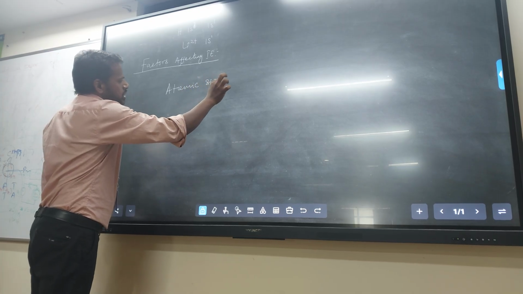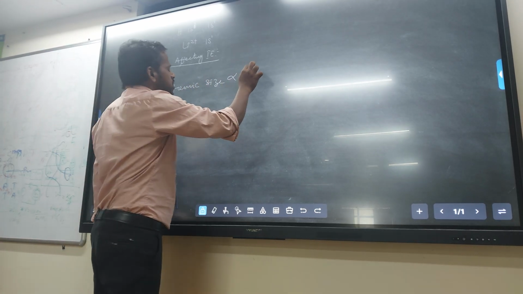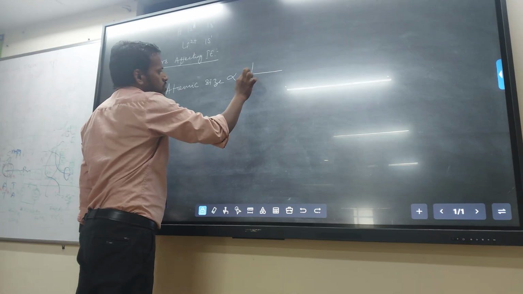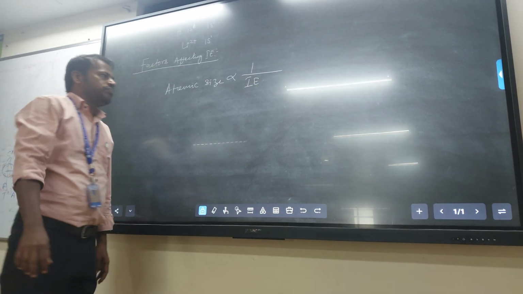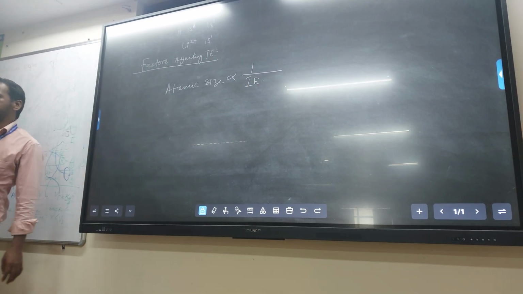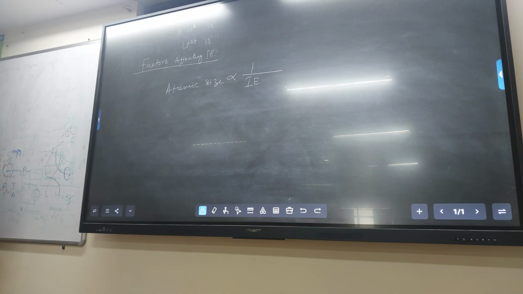Atomic size increasing, ionization energy decreasing, therefore inversely proportional. If you increase the size, ionization energy is very less. And nuclear charge is directly proportional: more nucleus, more ionization energy.